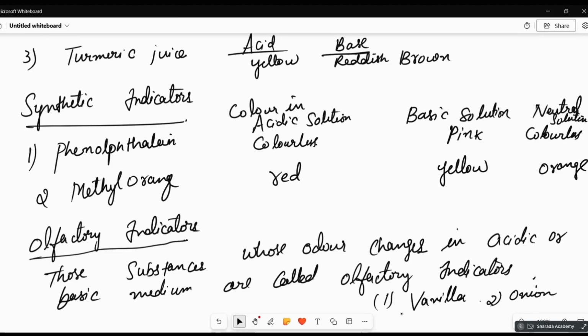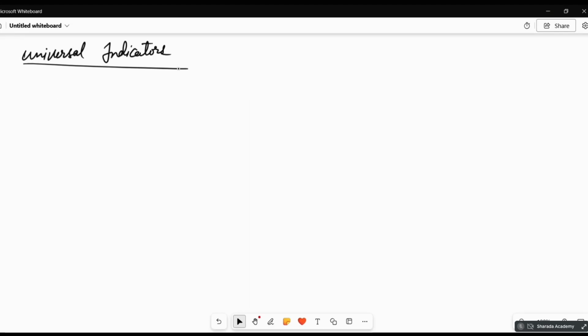So most of the things which are edible are either mild acid, neutral, or mild bases in nature. Universal indicators differentiate the different concentrations of H plus ions in the compound. We will continue with that.